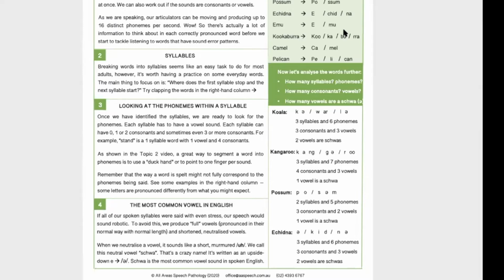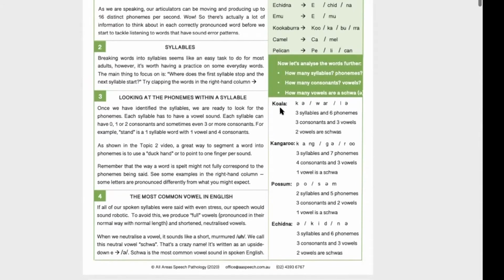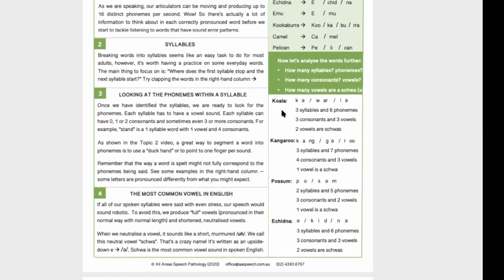And number 4, the most common vowel in English is schwa. And you would have seen that on the video. If you have a look on the right-hand side here, this might have looked like a little bit of gobbledygook when you read it. But if we looked at koala and we want to say how many syllables in koala, that bit was probably quite easy. But then we want to talk about how many consonants and vowels.